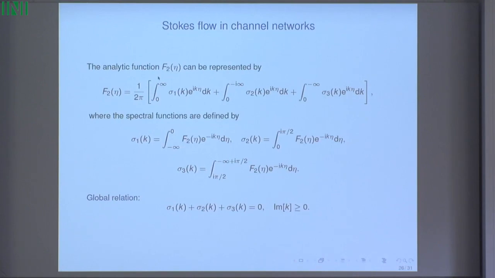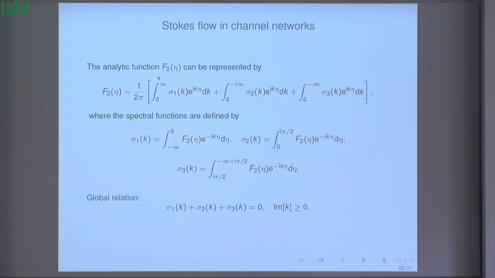So the idea is you are given a domain, split your domain into convex subdomains, and you have the availability of these transform pairs for polygonal domains or circular domains.